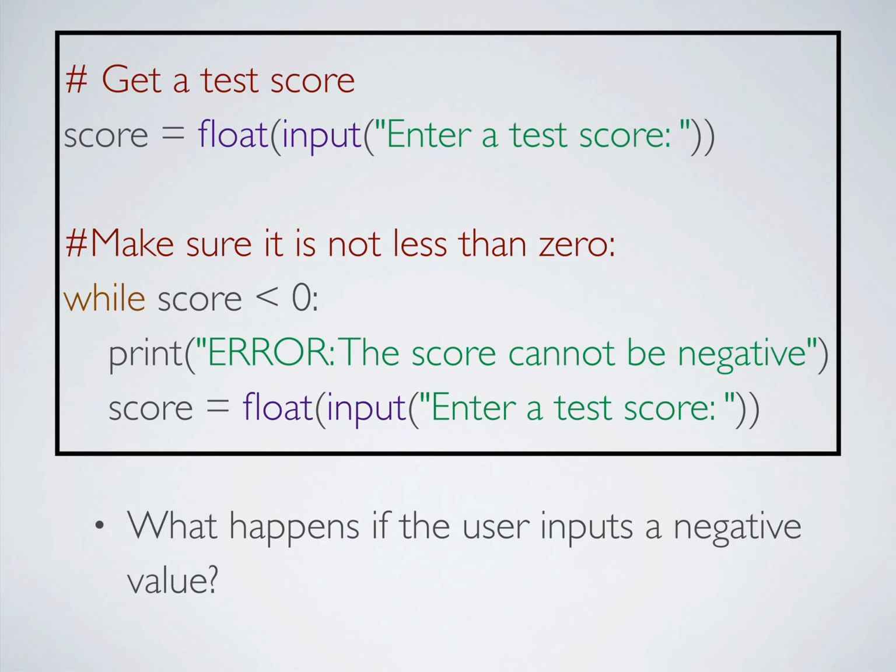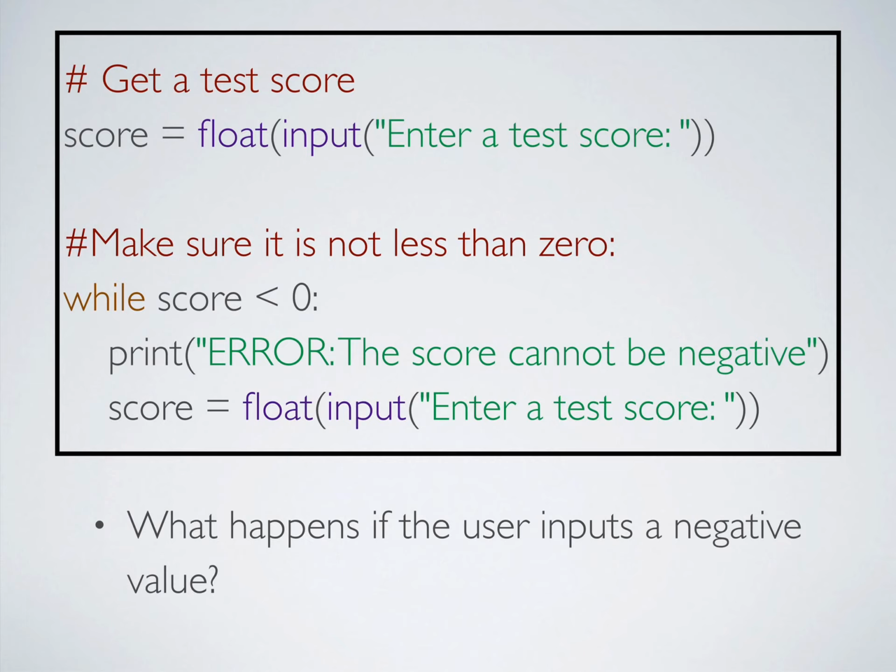hit this while loop. This while loop says, while the score is less than 0. So with input validation, you want your condition to be the thing that is wrong. So while it's wrong, you print out an error message saying, hey, this doesn't make sense for my program. In this case, error, the score shouldn't be negative.